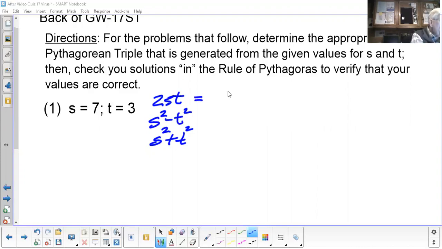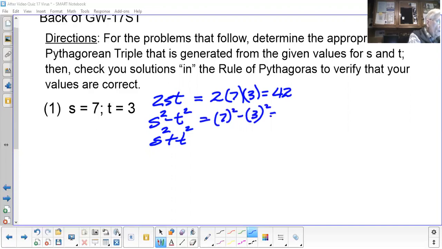Okay, so for 2ST, here we go. We would do 2 times 7 in problem number 1 times 3. And of course, if you work that out, that's 42, right? If you do S squared minus T squared, you will be doing 7 squared minus 3 squared, or 49 minus 9, which would be 40, all right?